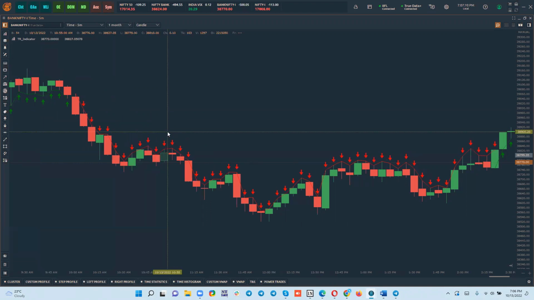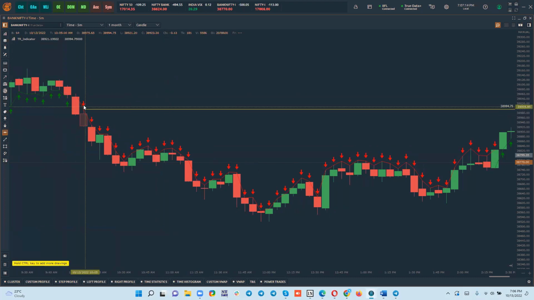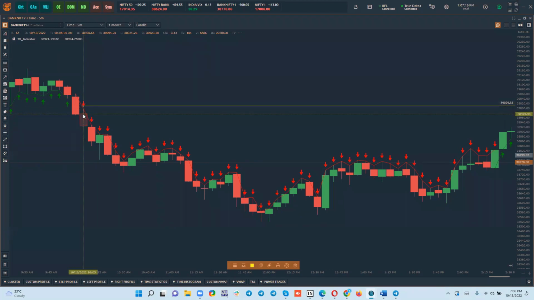So ideally you are taking a trade at the close and putting a stop loss at this level, which is say 38,994.75. So it's a risk of almost 80 points.